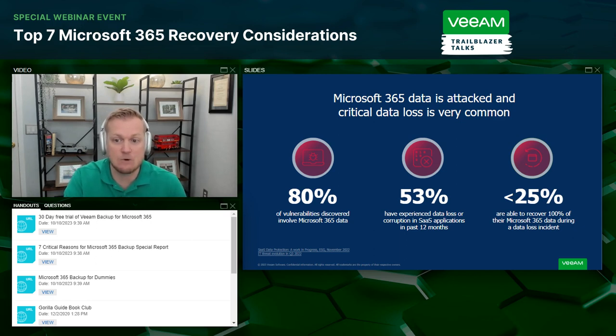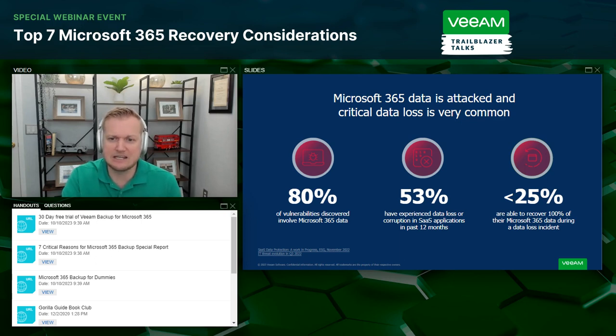Unfortunately, Microsoft continues to address a lot of these vulnerabilities. But one report said that 80% of the vulnerabilities discovered were in Microsoft 365 of the various applications they were reviewing. Another scary stat: 53% of organizations have experienced data loss or corruption in their SaaS apps like Microsoft 365 and Salesforce within the past year.